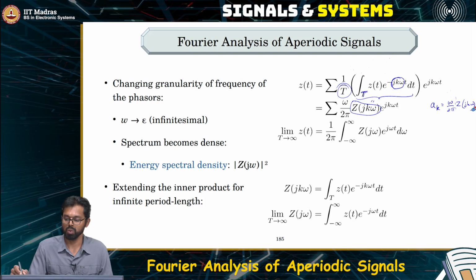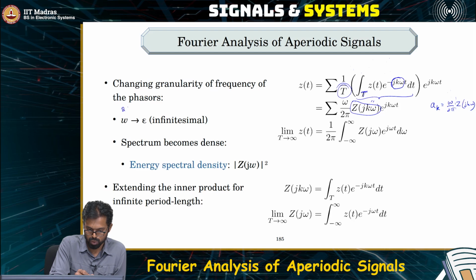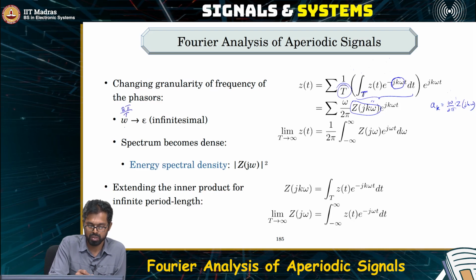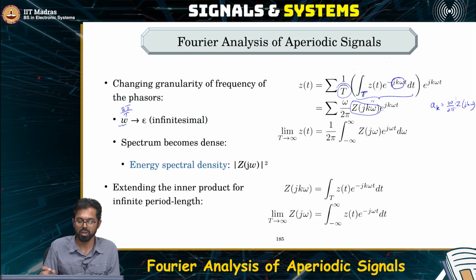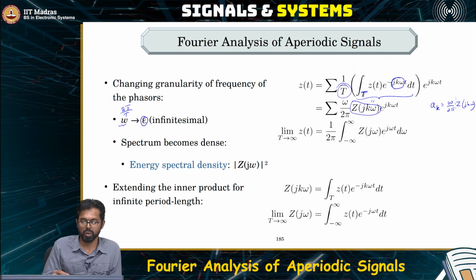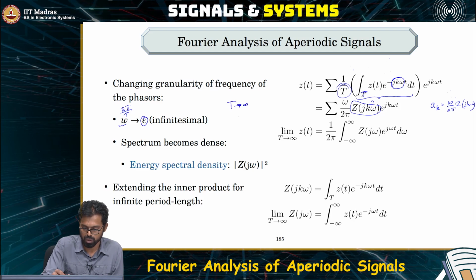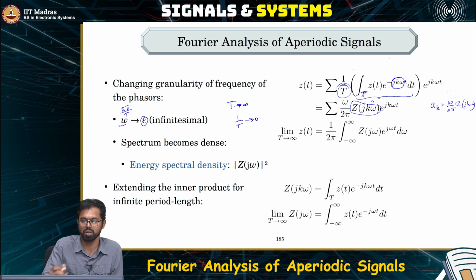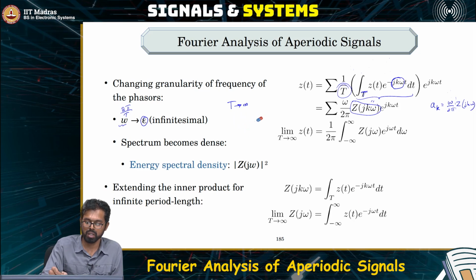Alright. So now if T is tending to infinity, what happens to 2 pi by T, which is omega? That will tend to a very, very small number, it will tend to 0, okay? As T tends to infinity, 1 by T will tend to 0, which means omega is a very, very small number. So let us denote that by some epsilon.